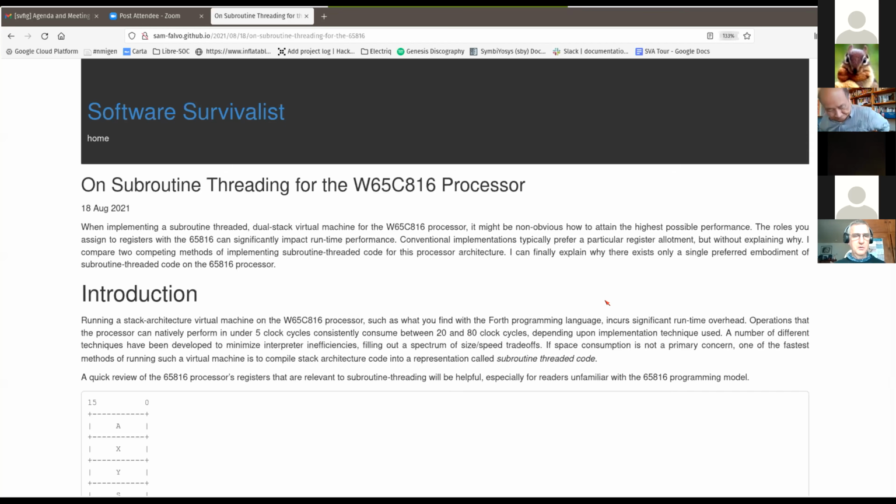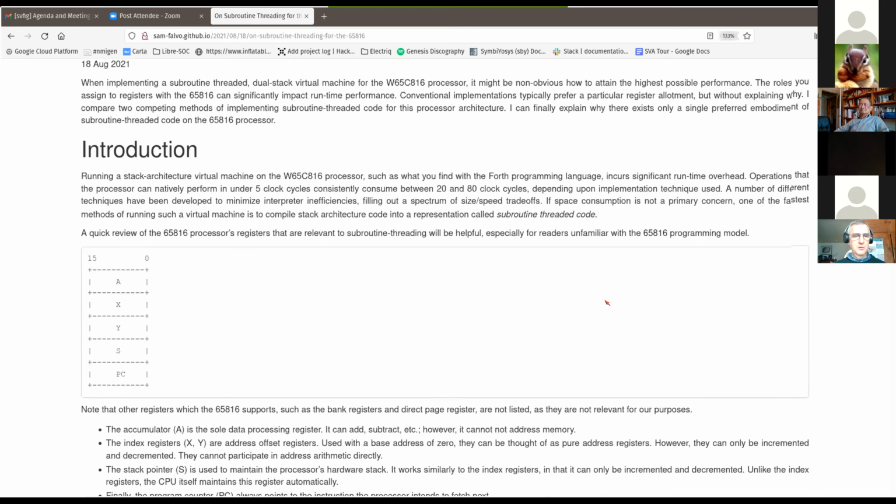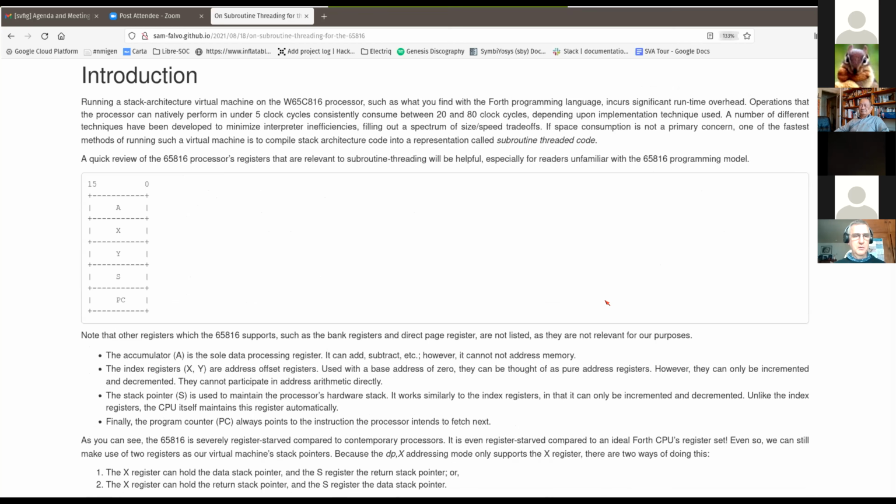And hopefully, as you can see here, I've written a blog article on what I found, and I'm hoping to just summarize some of my findings. Of course, just to recap, the 65816 processor is a 16-bit update on the 6502 architecture.